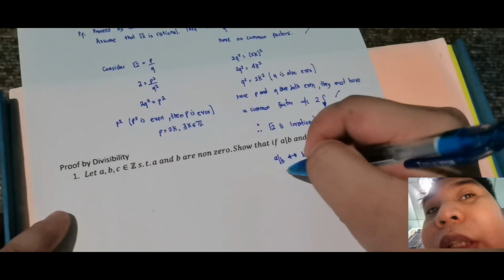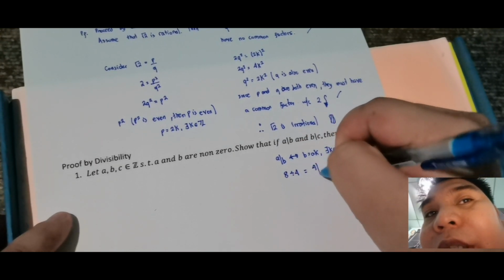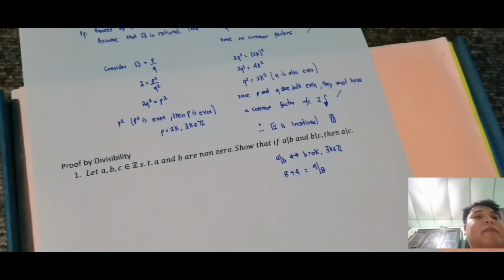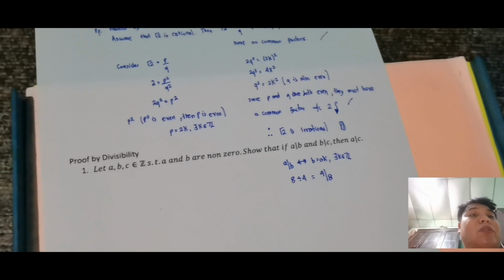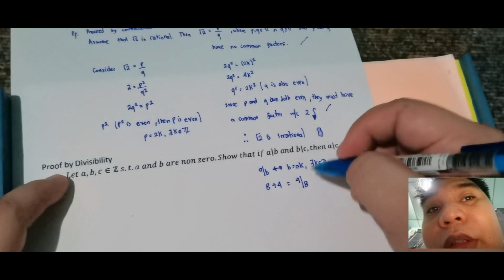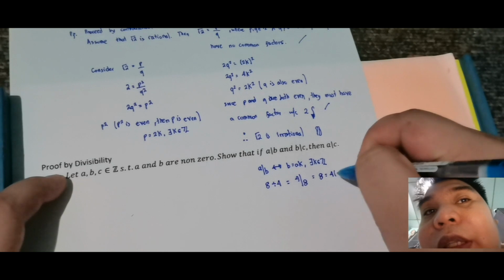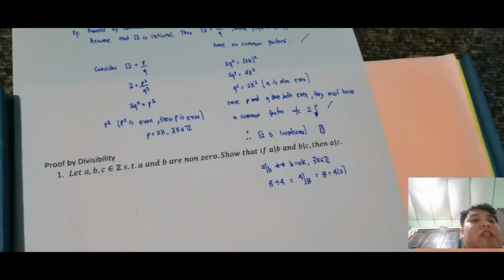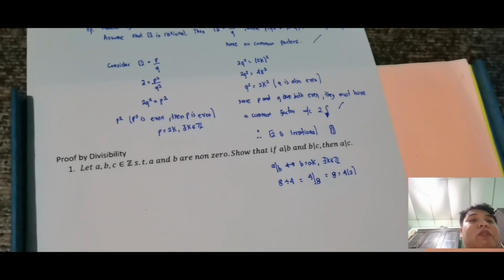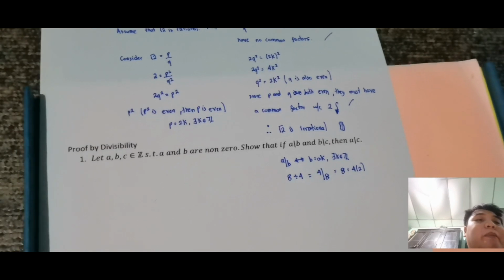So, ngayon, dati, yung 8 divided by 4, equivalent siya sa 4 divides 8. Okay? So, ulit 8 divided by 4 is 2. 4 divides 8 is also 2. So, yan yung baliktad na idea nung divisibility. Tandaan yan. Okay. So, ibig sabihin nito, this is equal sa 8 is equal sa 4 times 2. Yun naman yung ibig sabihin yan in terms of divisibility. Okay. So, ulitin ka lang. Ito yung importante. A divides B if and only B is equal to A, K for some K element ng integers.